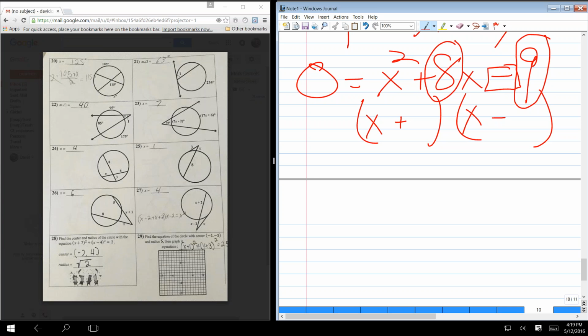Not 3 and 3, because 3 and 3 subtract to 0. 6 and 3? That's not factors of 9. How about 9 and 1. Okay. Remember, we're looking for factors of 9 that subtract to the number 8. Well, we just found them.